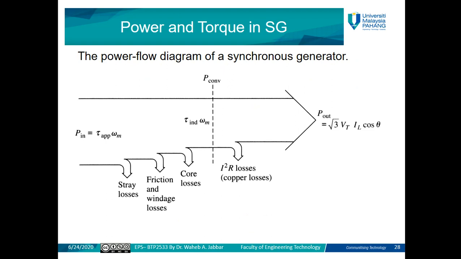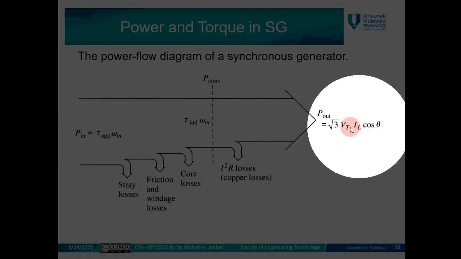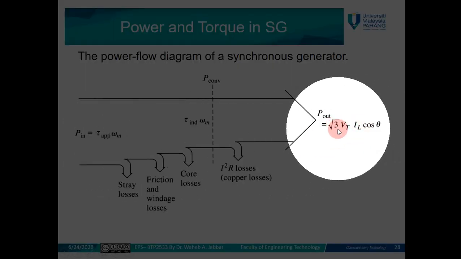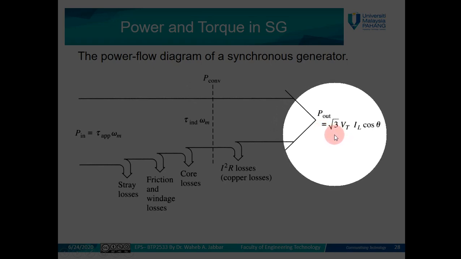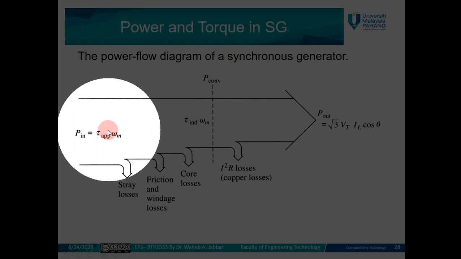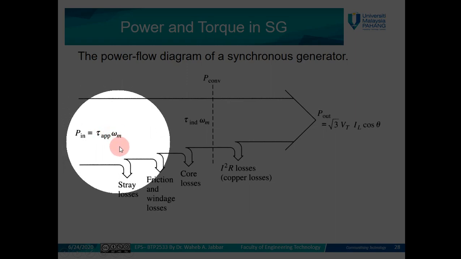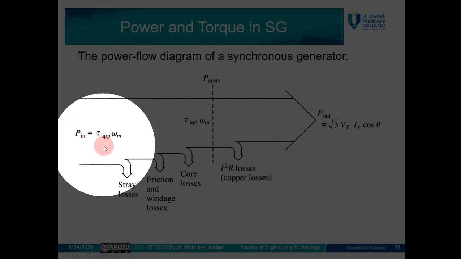This is the power flow diagram, similar to the power flow diagram in the induction motor, but it is opposite, because here the input is mechanical power and the output is electrical power. In the induction motor, the input was electrical power and the output mechanical power. Here the input power is the applied torque times omega m, and it comes from the prime mover.